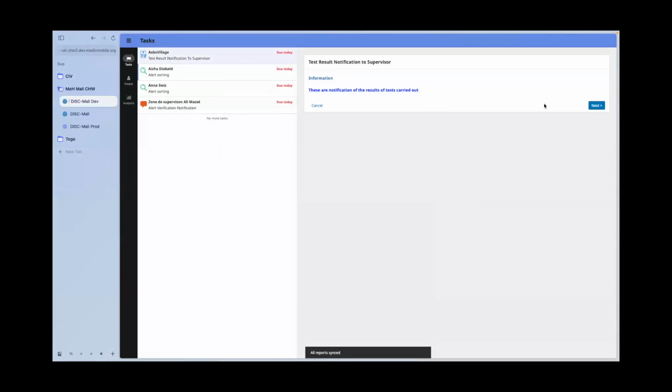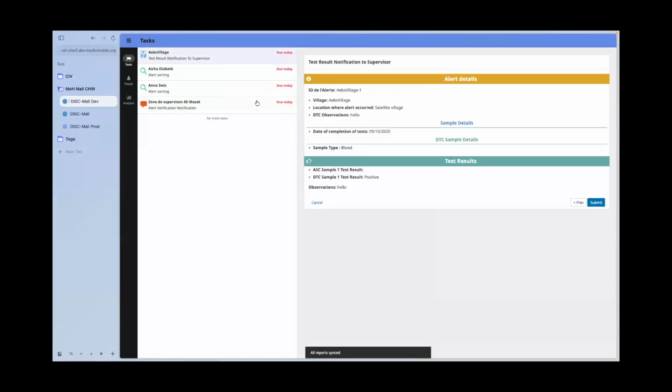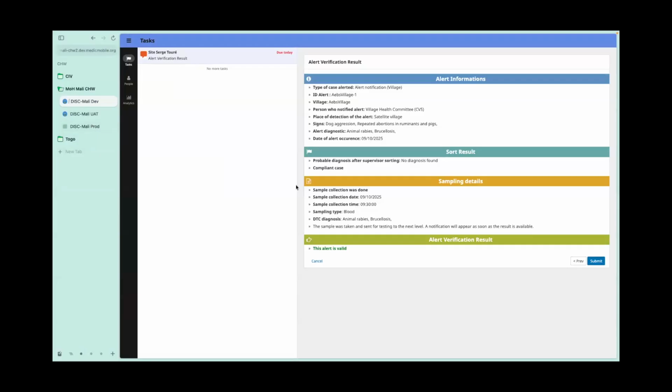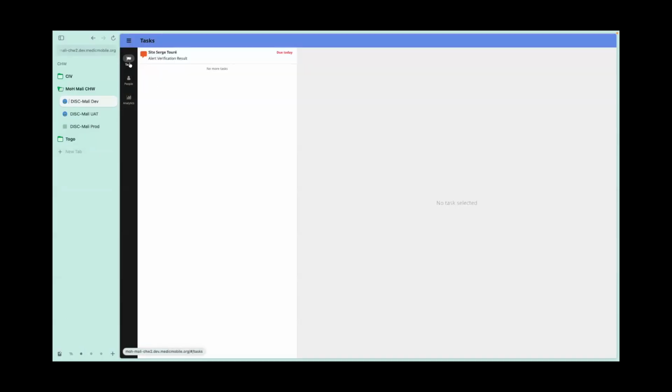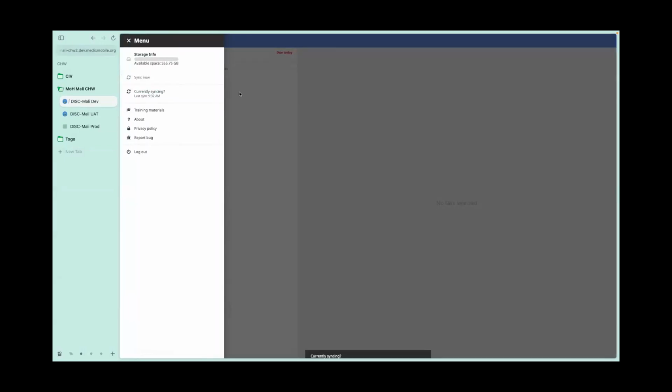Yes, you see the test result here, the result and some information. Same thing with the CHW. If I also do the synchronization, let me do that. And that's it. So this is the end of this workflow. And as I mentioned, it's really something that can be customized.